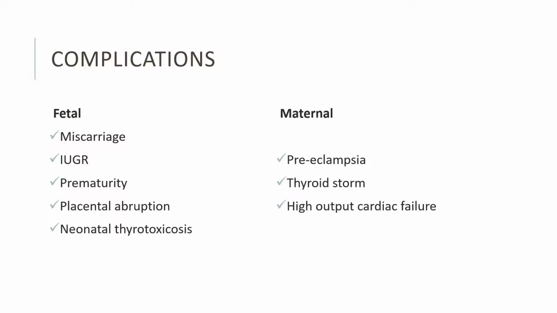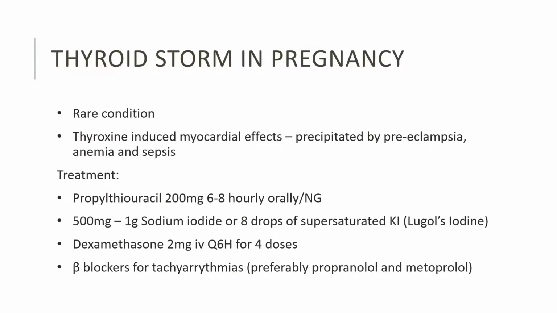Remember, in early pregnancy, if the thyroid is not controlled, especially Graves' disease, the patient has a very high risk of developing thyroid storm. And the mortality of thyroid storm is very high anyway, especially in pregnancy. So thyroid storm in pregnancy is actually a rare condition.